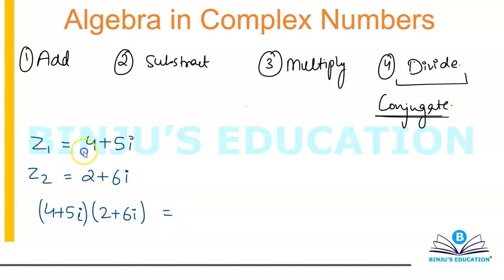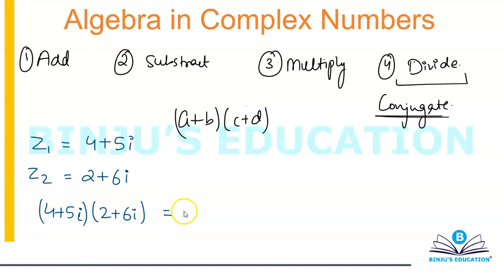So it's exactly on the same lines as if I were to ask you to multiply a plus b into c plus d. Then this will become ac plus ad plus bc plus bd. You're going to multiply a with c and d separately, and you're going to multiply b with c and d separately, and you're going to add them up. This is what you generally do. That's the same thing you'll have to do here also. There is no difference. So let's go one by one.